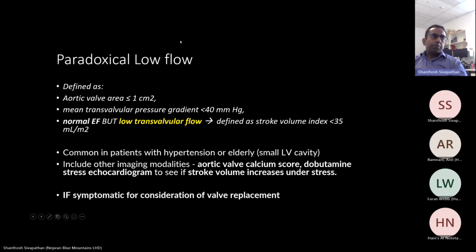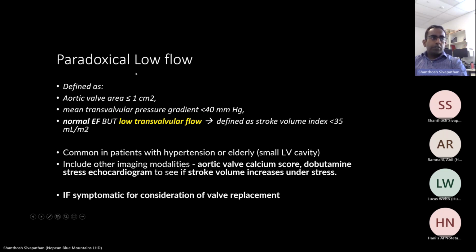You see this commonly in patients who are small, hypertensive ladies who've got a very thick LV, and the LV is really not able to fill up with the greater volume, or it's reduced as a result. So in this case is where I would consider looking at other parameters or other measurements, and this is where the DSI will be quite helpful.